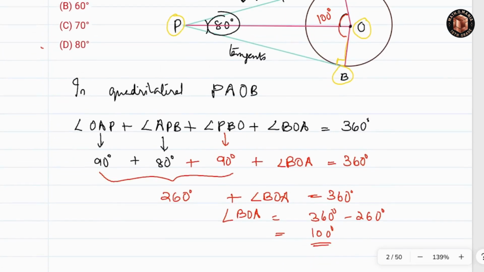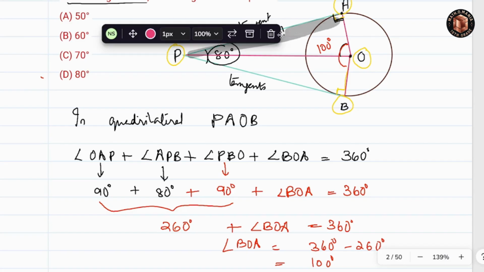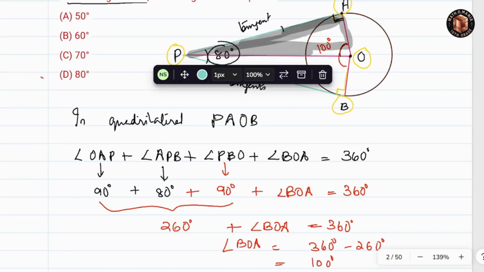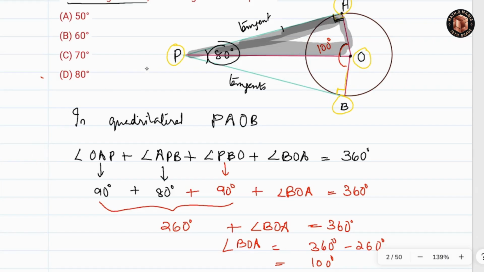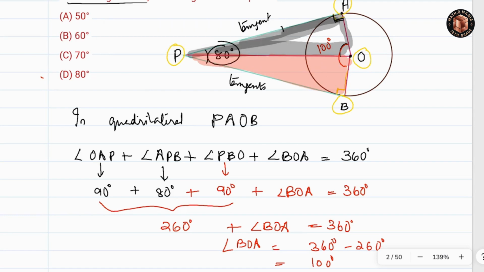Now we got the total angle as 100. Now we can take the triangles here. Let us take the triangle PAO and this triangle PBO. In both these triangles, we have to find whether they satisfy any congruency.